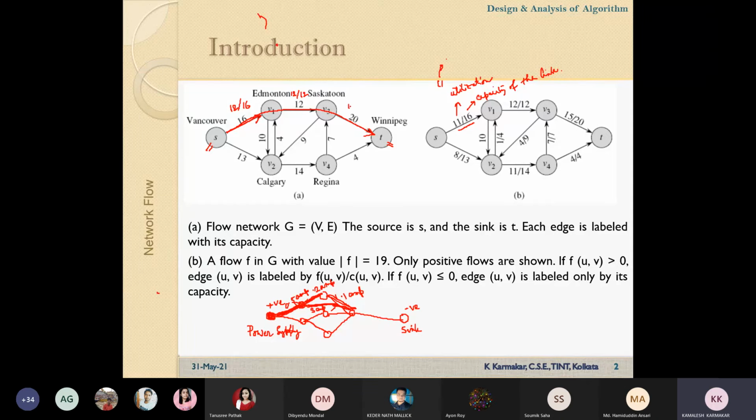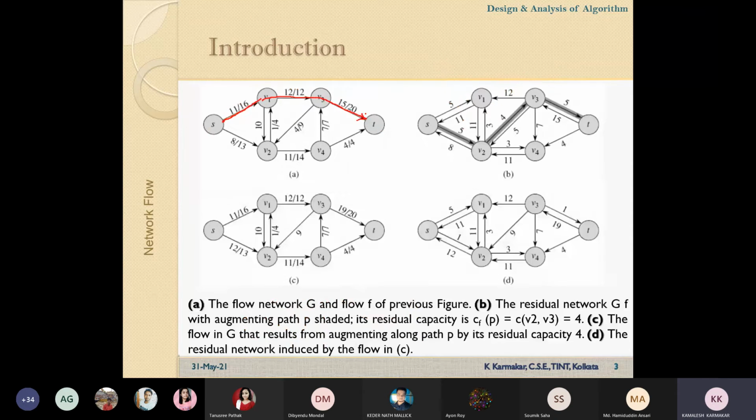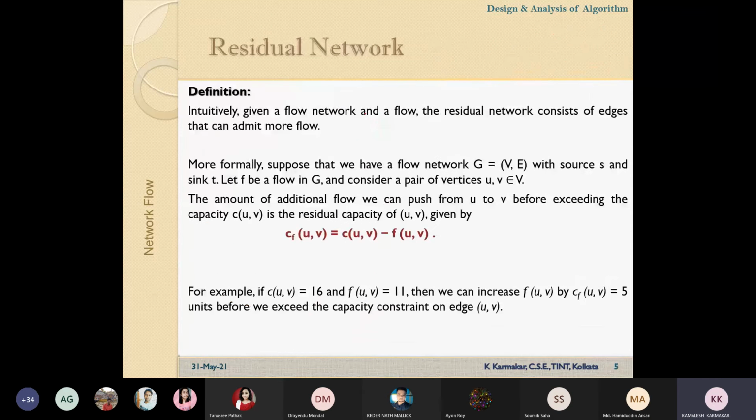In this path, 12 unit is utilized out of 20. So now after taking this path, the remaining capacity exists in this graph. If I update the graph with the remaining capacity, then it is represented as a residual graph.